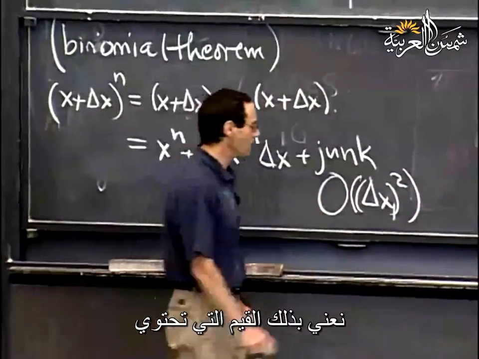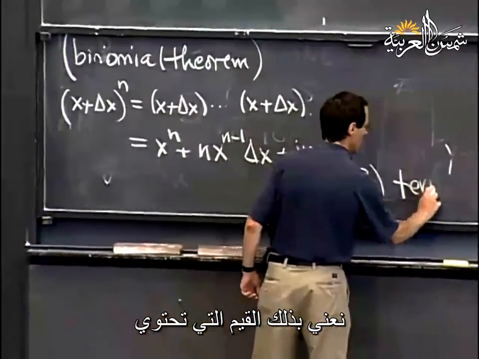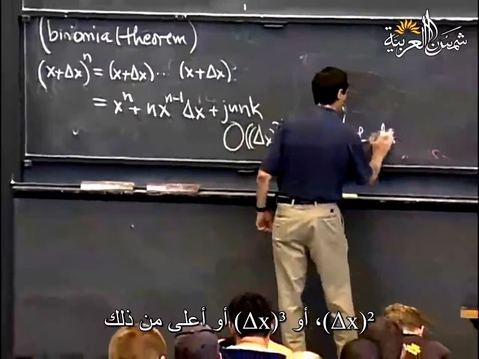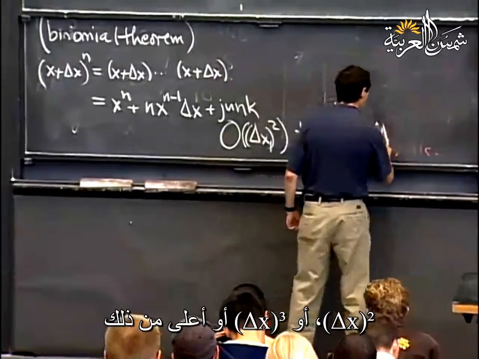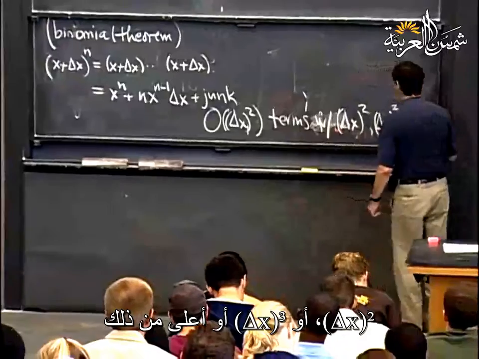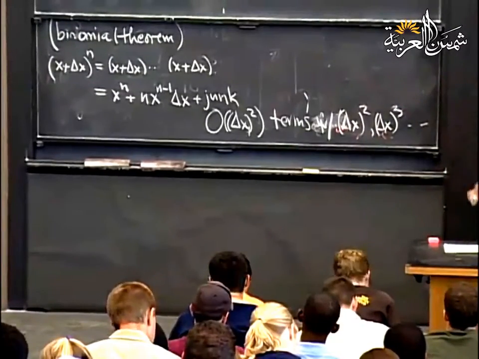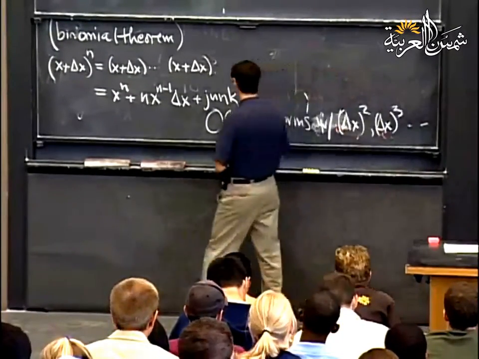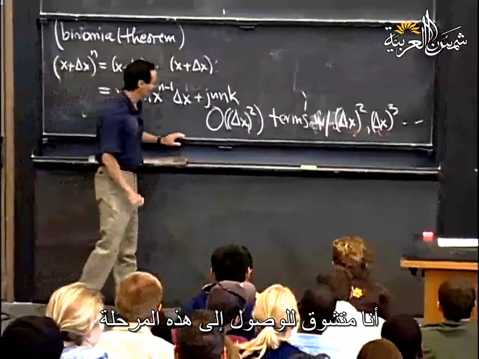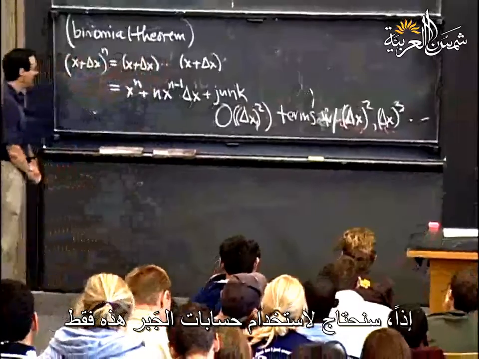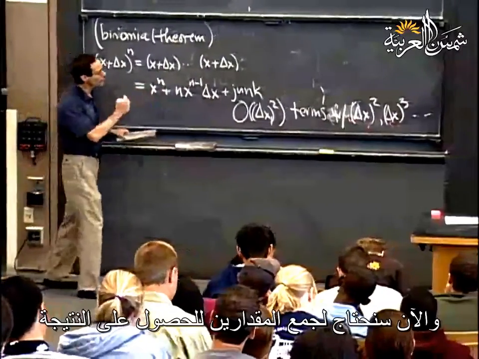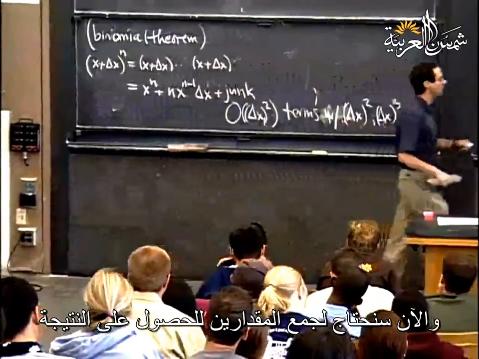What that means is that these are terms of order delta x squared, delta x cubed, or higher. Very exciting. Higher order terms. Okay. So, this is the only algebra that we need to do, and now we just need to combine it together to get our result.